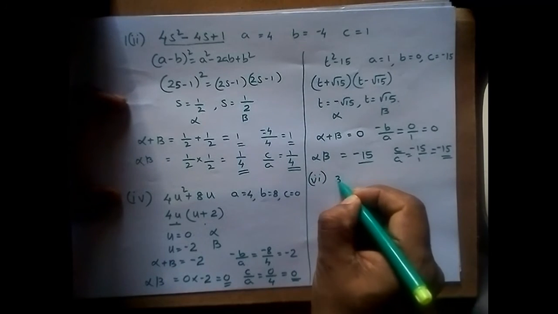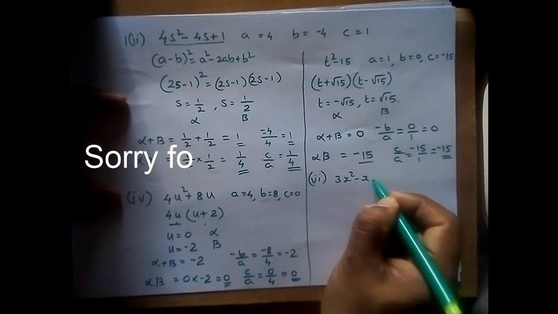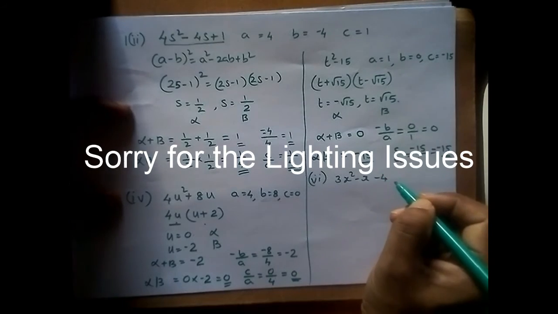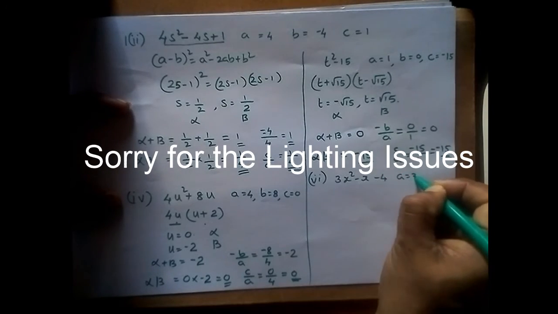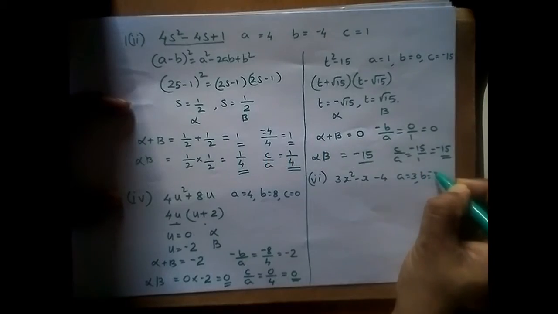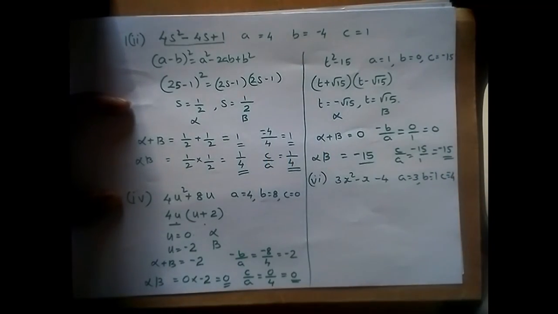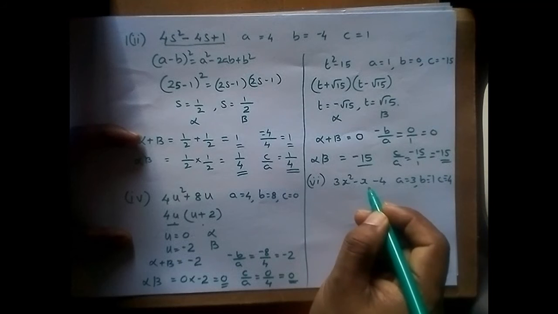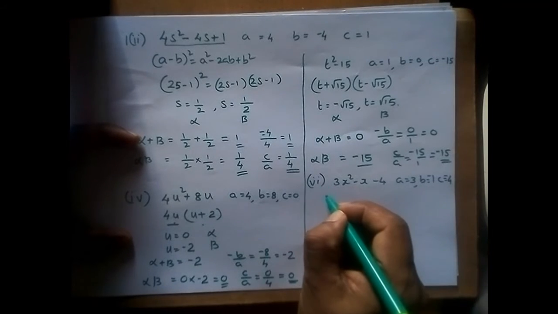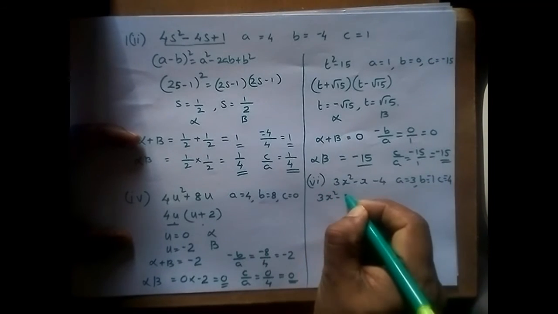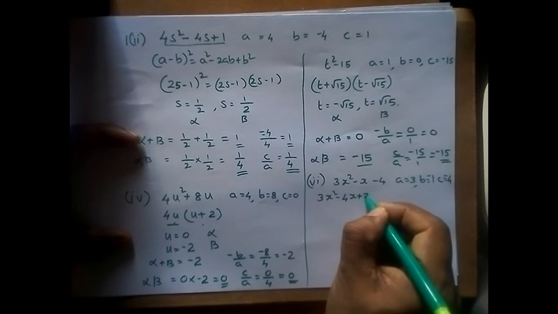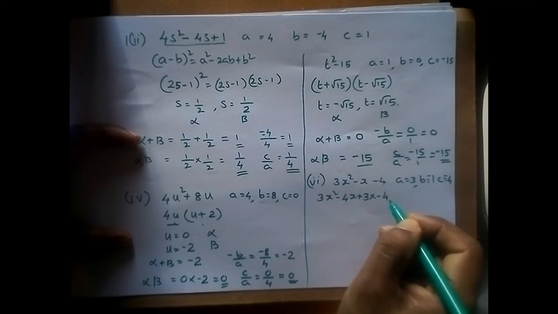Okay, sixth question in 1, that is 3x square minus x minus 4. So a is equal to 3, b equal to minus 1, c equal to minus 4. By splitting the middle term, we can write it as 3x square minus 4x plus 3x minus 4.